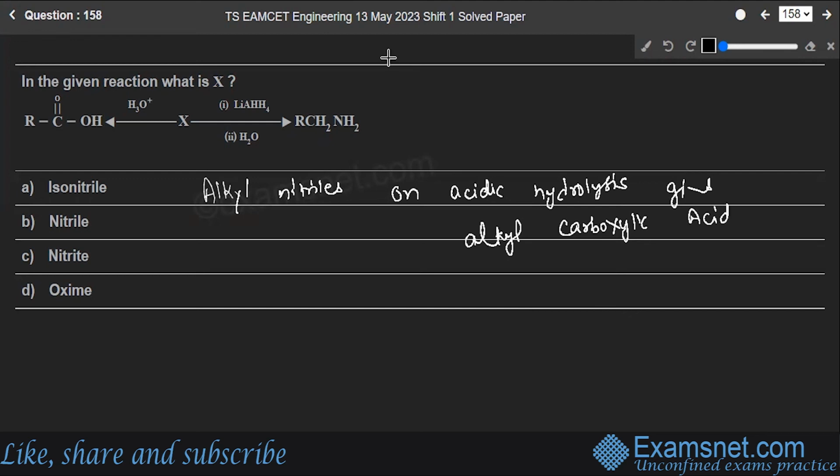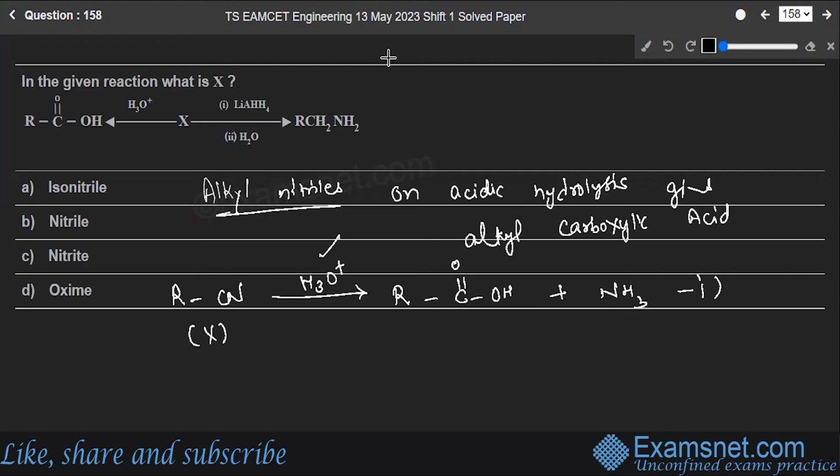Let's make an alkyl nitrile. So you're having alkyl nitrile, let's say this is your X. On treatment with acid, undergoing this acidic hydrolysis, this gives me alkyl carboxylic acid plus ammonia. This is number 1. So we are having the same group over here as this one. So X may be alkyl nitrile.